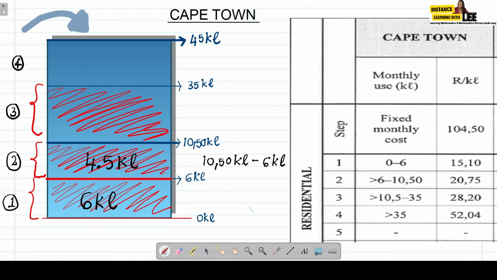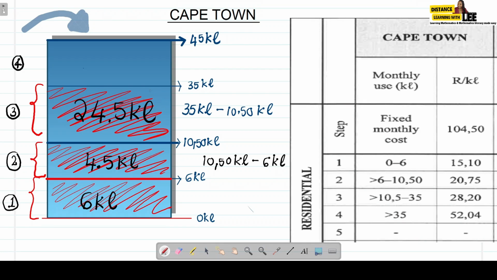So still, you take the 35 kiloliters and you minus the 10.50 kiloliters, to get how much water was actually poured into this region. If you punch that into your calculator, you'll find that 24.5 kiloliters of water was poured into our third region.